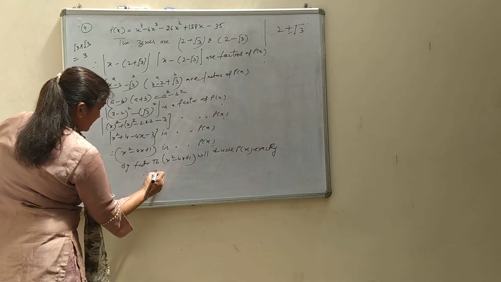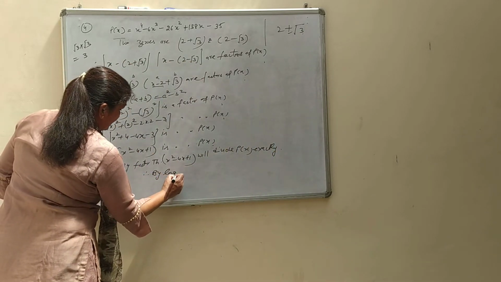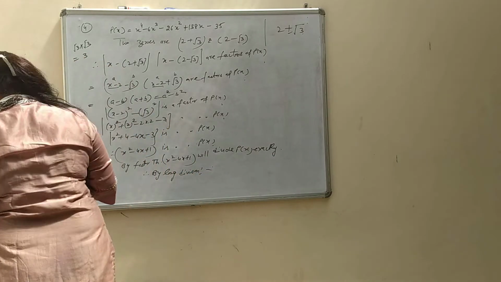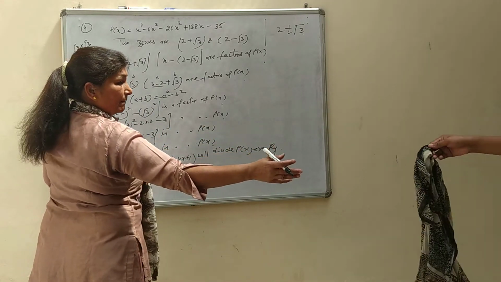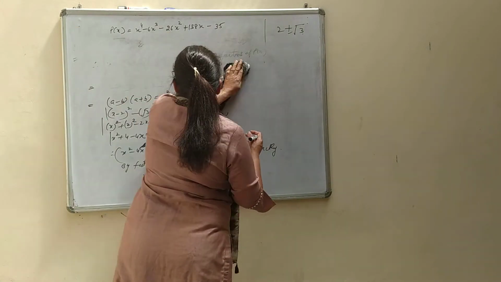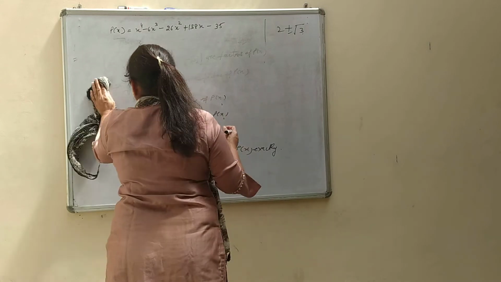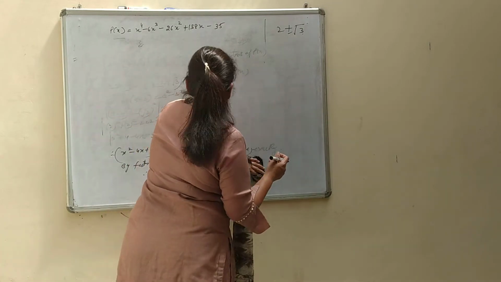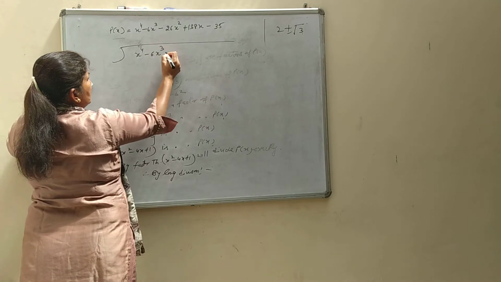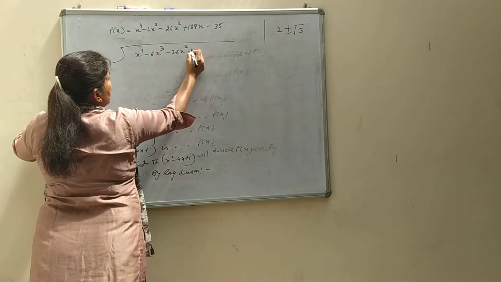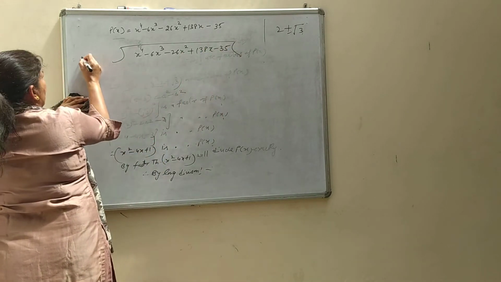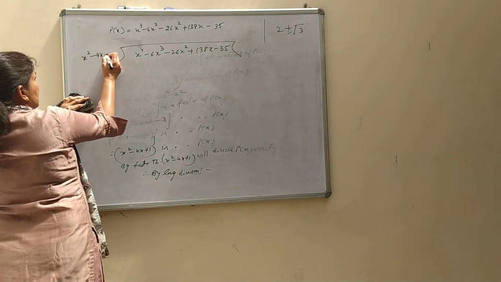Therefore, by long division, we will divide x raised to power 4 minus 6x cube minus 26x square plus 138x minus 35 by x square minus 4x plus 1.